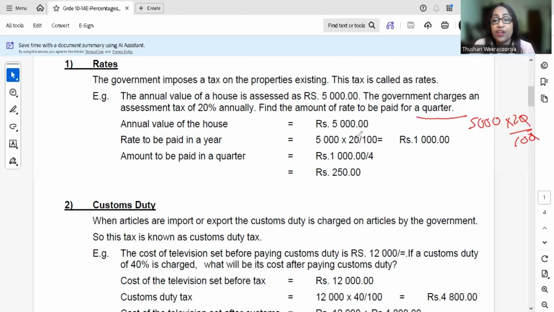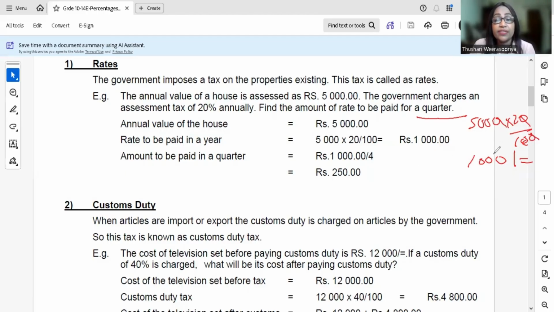I'll do it manually. The working is done here. At 0, 0, you can cancel. Then 1,000 is the annual rate for that house. But the government thinks people can't pay at once.